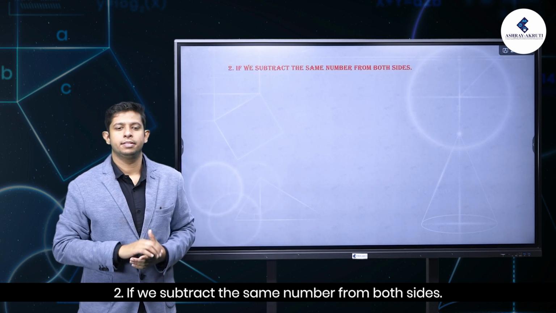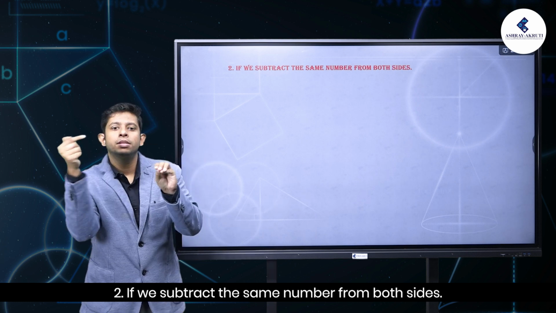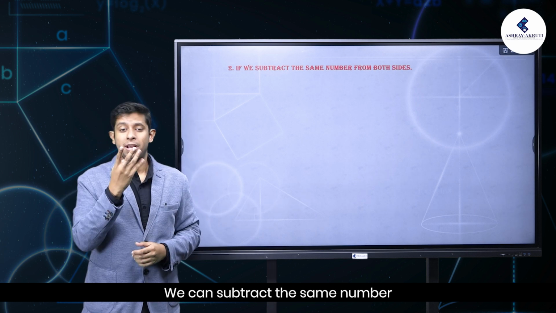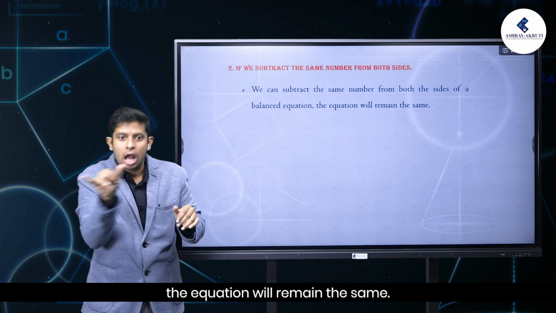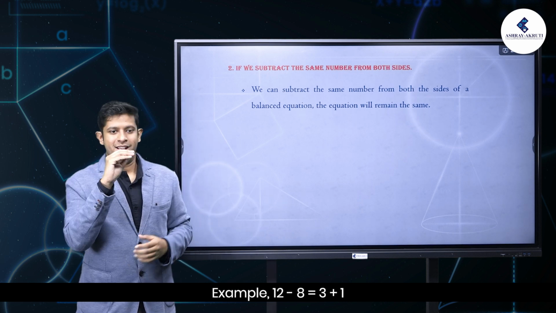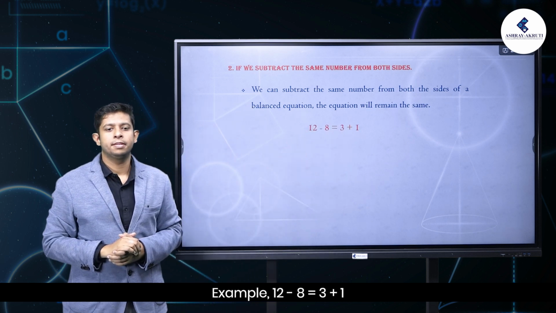If we subtract the same number from both sides, we can subtract the same number from both the sides of a balanced equation, the equation will remain the same. Example, 12 minus 8 is equal to 3 plus 1.